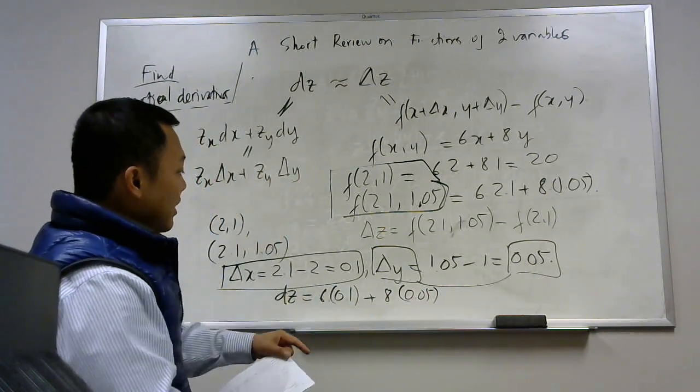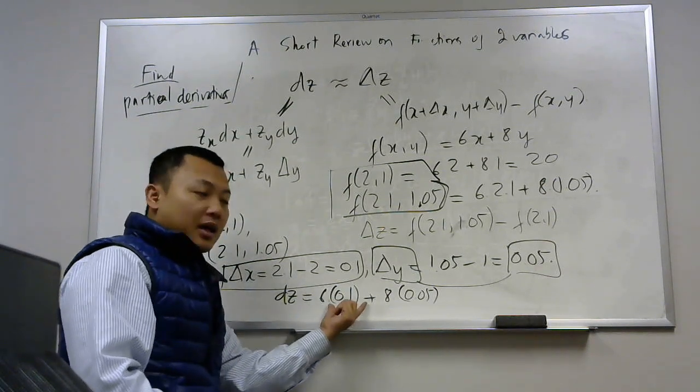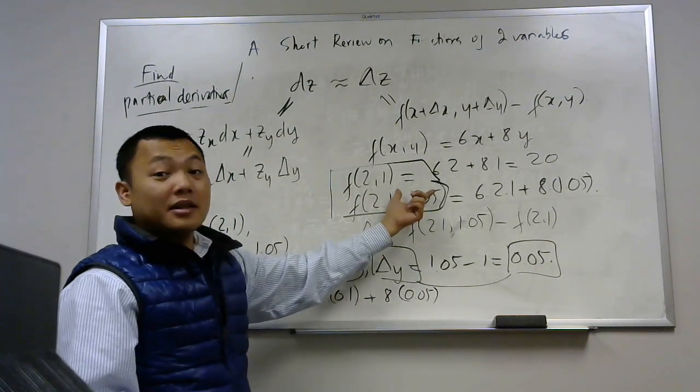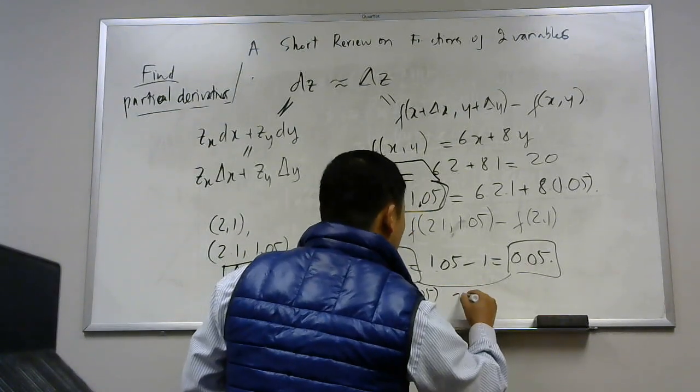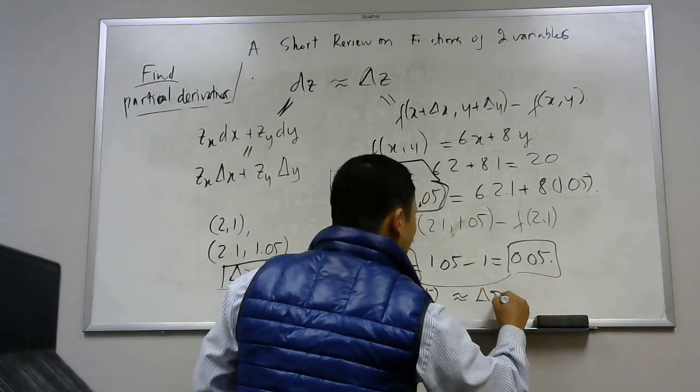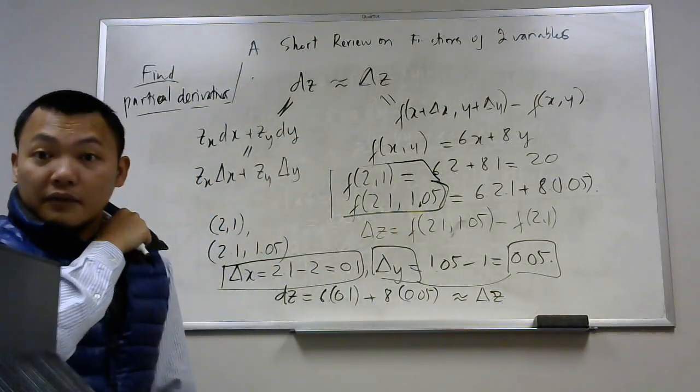You see the computation of this is much easier than the direct one. So once you get that, that is your approximation of delta z.